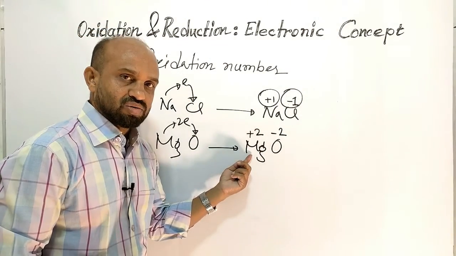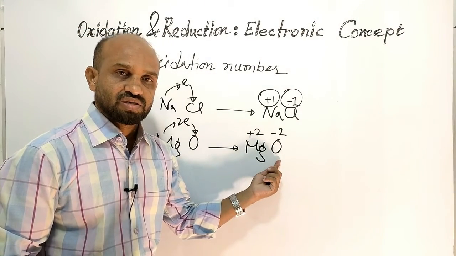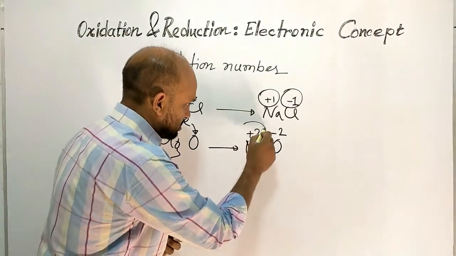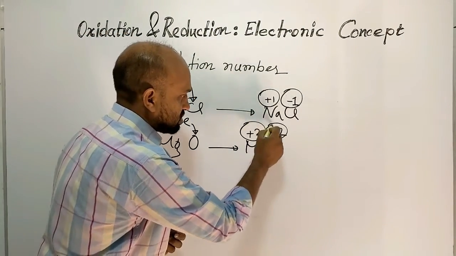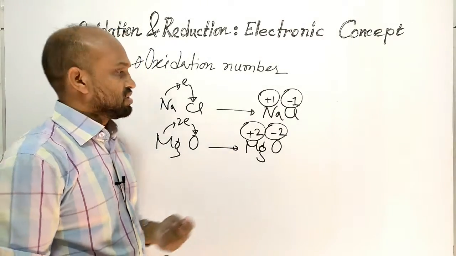Magnesium donated 2 electrons, that is why +2. Oxygen accepted those 2 electrons, that is why -2. Here these +2 and -2 are the oxidation numbers.